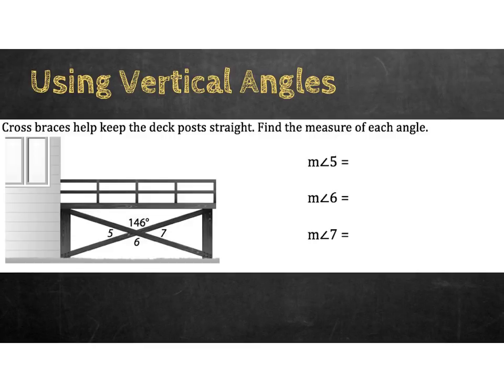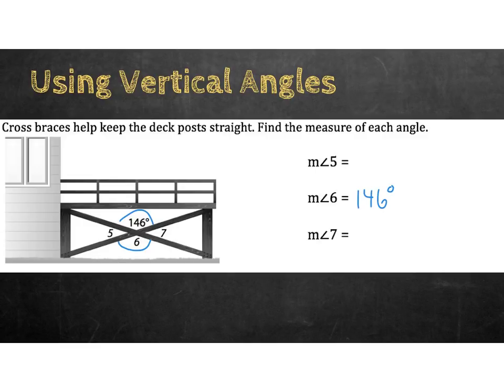All right, so using vertical angles, we want to solve here a little bit. Cross braces help keep the deck post straight. Find the measure of each angle. So here's what we know. We have 146, and we just got done proving that vertical angles are congruent. So 6 is congruent to that 146, so then the measure of angle 6 is 146.